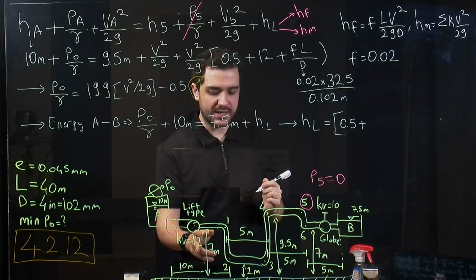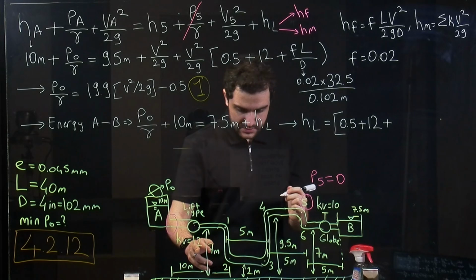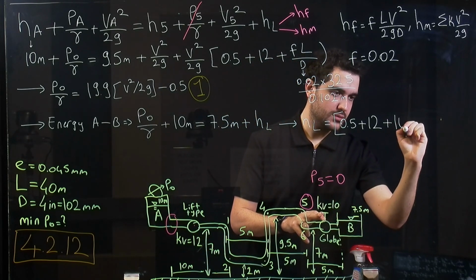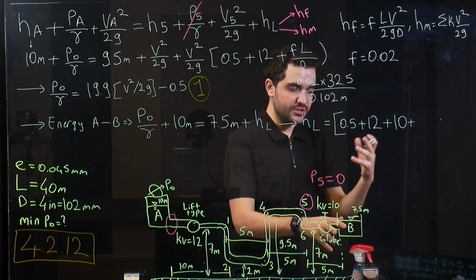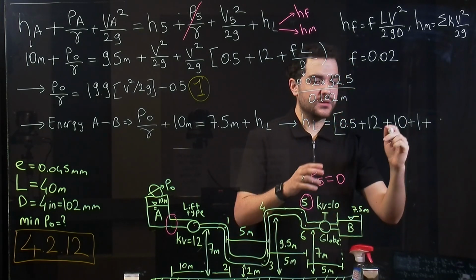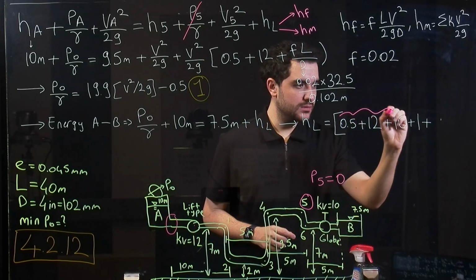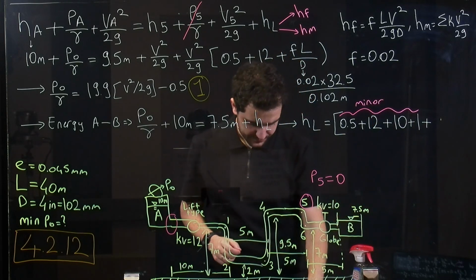We will have 12 here, and we will have another valve, which is 10. We will have the discharge or exit from the pipe, which is 1. And these are minor head losses.